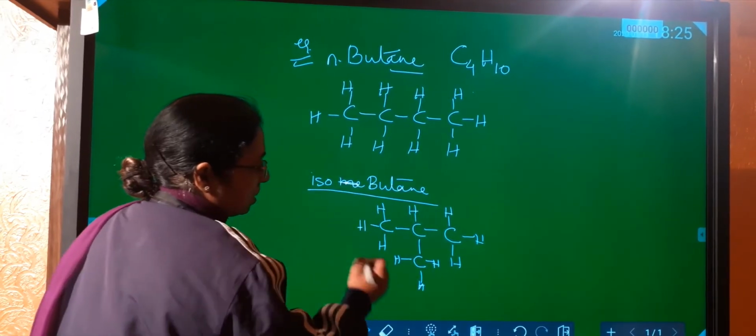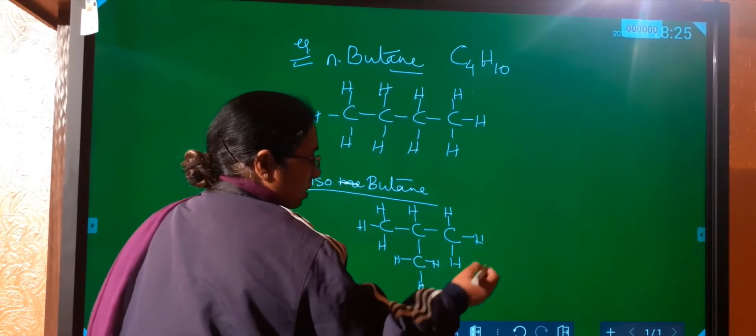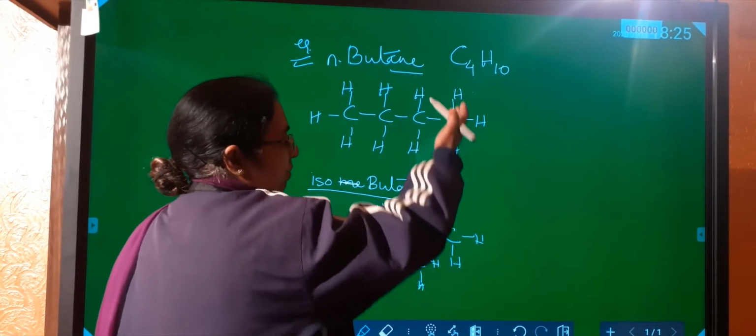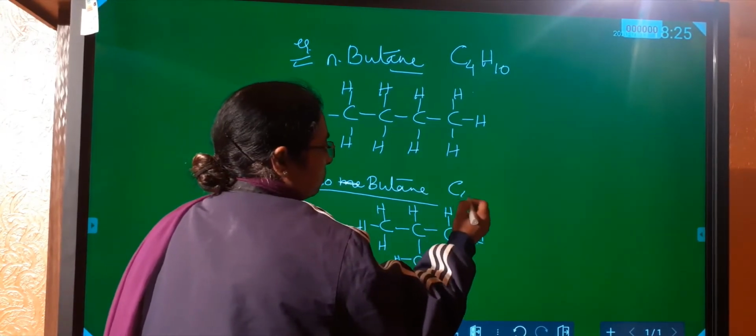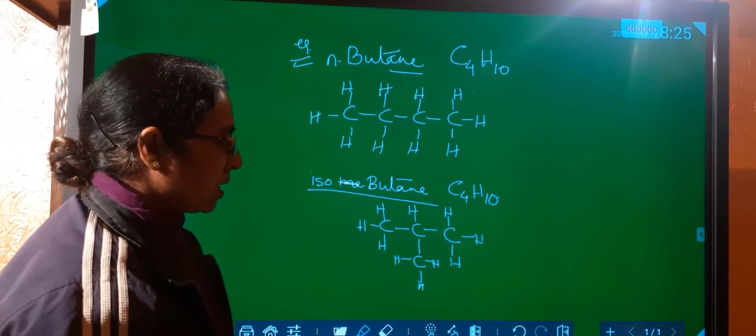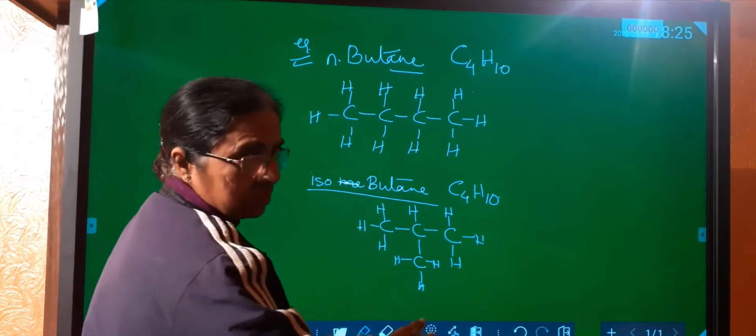So this is 3, 6, 9 and 1, 10 hydrogen. So they are both having the same formula. Formula is same, that means molecular mass is same, but the structure is different.